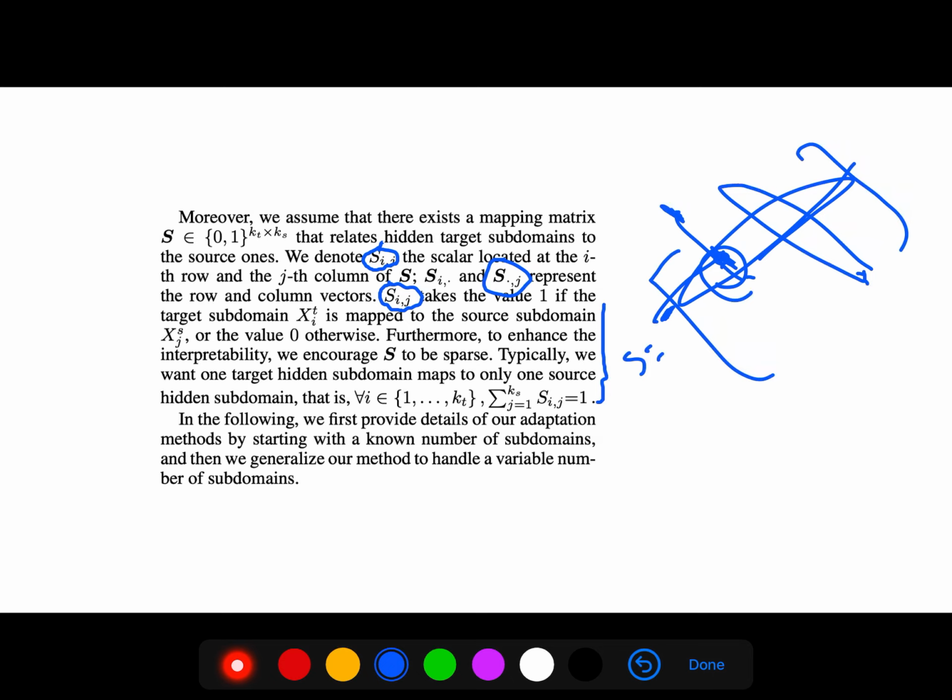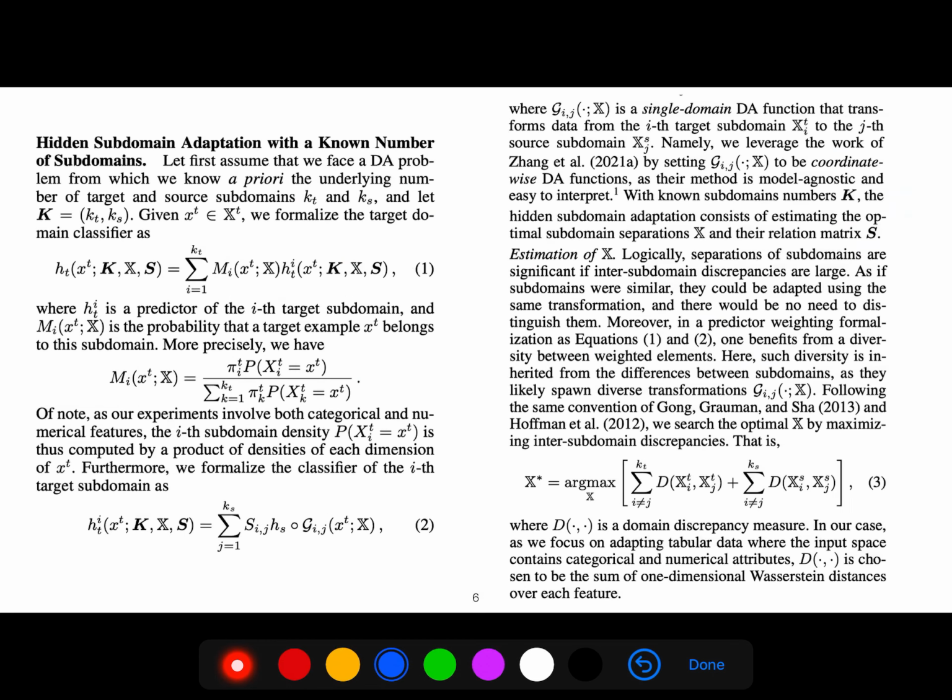And so we first provide details of our adaptation method by starting with a known number of subdomains, and then generalize our method to handle a variable number of subdomains. So we have hidden subdomain adaptation with a known number of subdomains. Let's first assume that we face a domain adaptation problem for which we know a priori the underlying number of target and source subdomains.